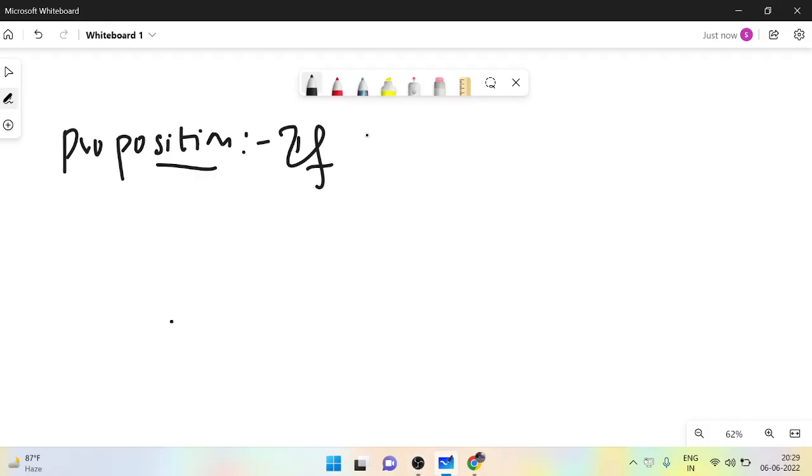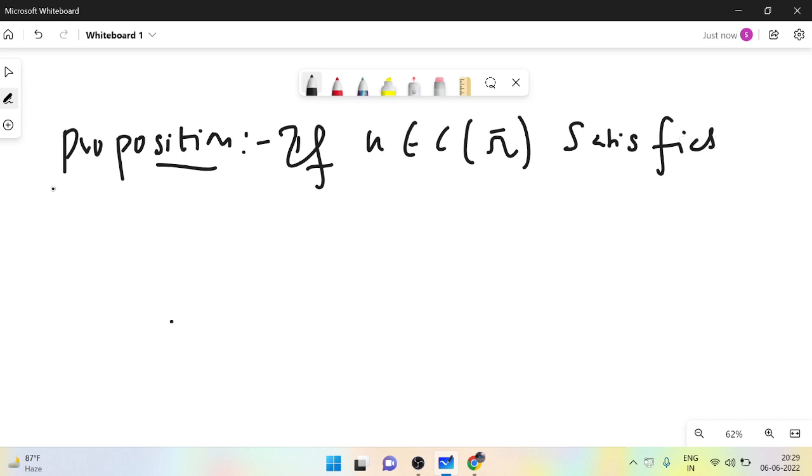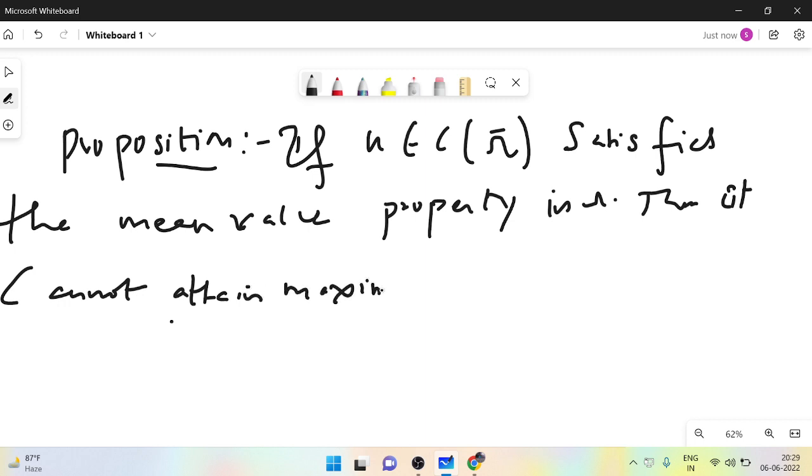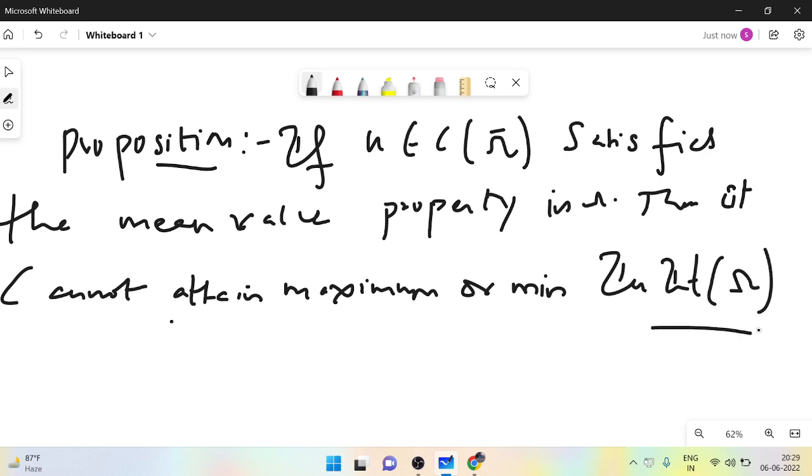If u belongs to C of omega bar and satisfies the mean value property in omega, then it cannot attain a maximum or minimum in the interior of omega.